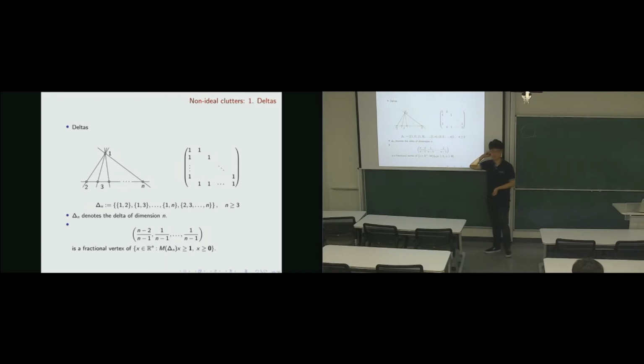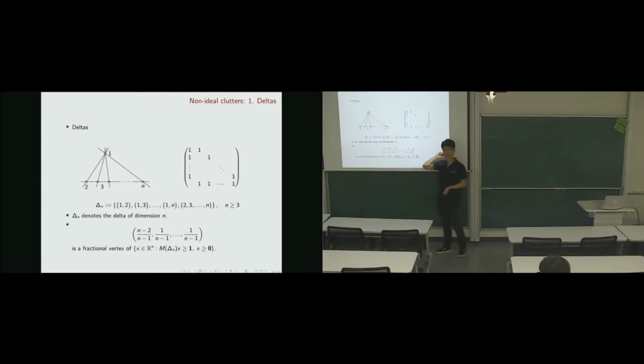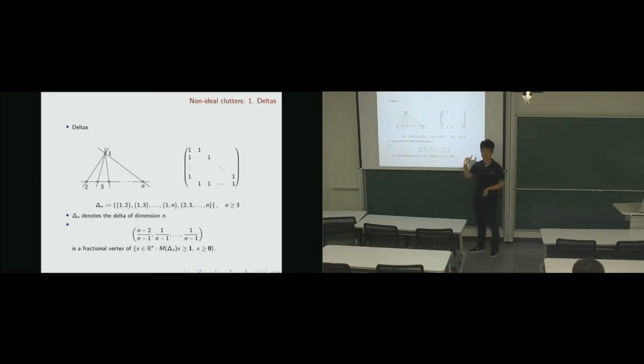Okay, it's easy to see that this clutter is non-ideal because if you look at the corresponding set covering polyhedron, you just need to exhibit a fractional vertex. Okay, so I didn't actually define what a vertex is, but if you imagine the n-dimensional Euclidean space, if you have n linearly independent hyperplanes, that will define a point.